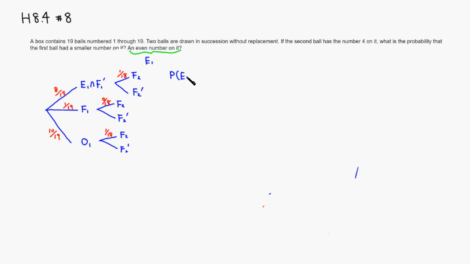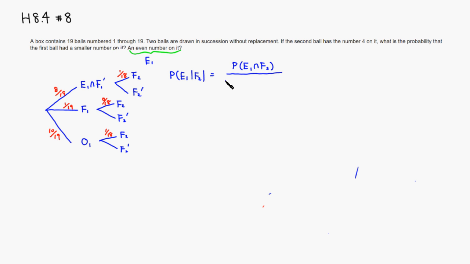Given that the second one was a 4, so F2. Oh, sorry, the notation is F2, right? So we just need to find the probability of E1 intersect F2 over the probability of F2.